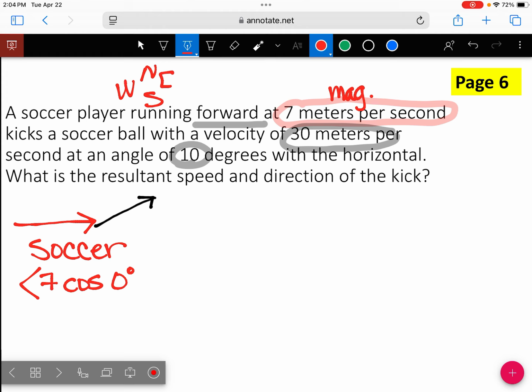So use your calculator to figure out the soccer player's horizontal and vertical component. So 7 cosine 0 and 7 sine 0 will give you 7, 0. Now we have to add to that the kick.